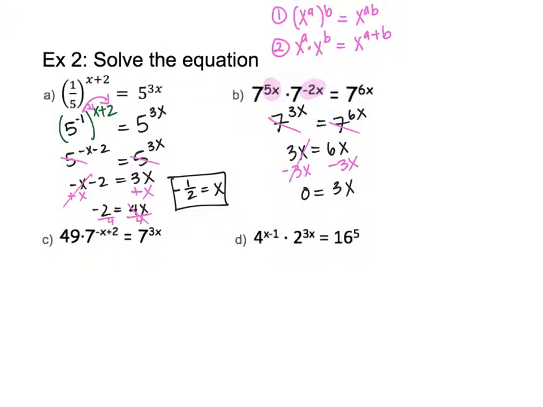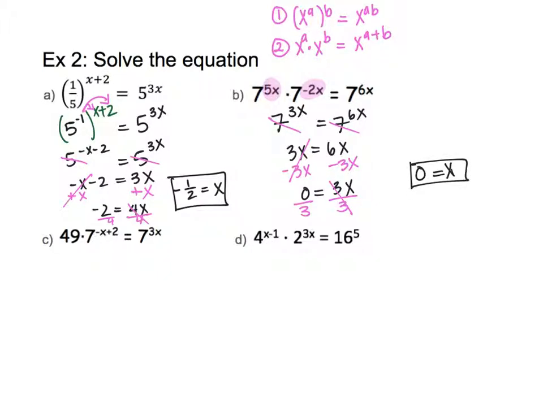And so I just need to divide by 3 to get rid of this 3. If I divide this side by 3, well, 0 divided by 3 is going to be 0. So whenever the numerator is a 0, it's always going to be 0. So x is equal to 0.